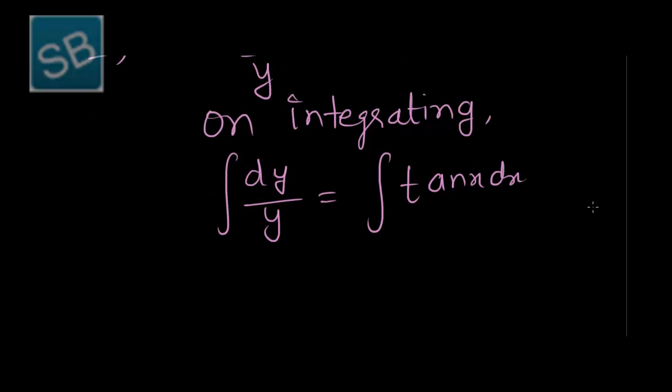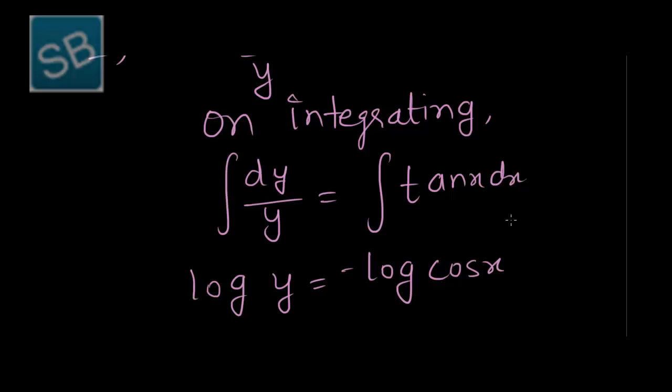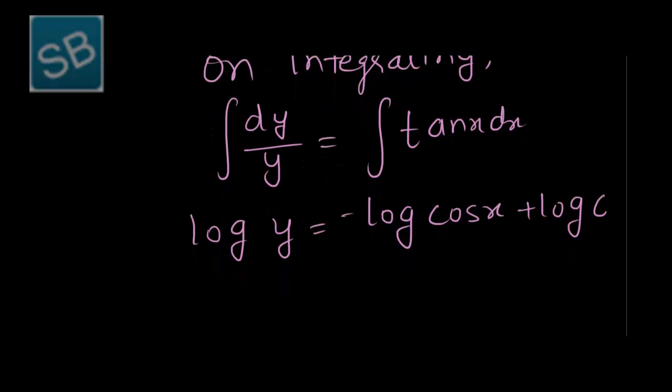And integration of tan x dx is minus log cos x, as we know. So it becomes log y is equal to minus log of cos x, that is the integration of tan x, plus, to make the question easy, we take the constant as log c. c is the constant of integration.